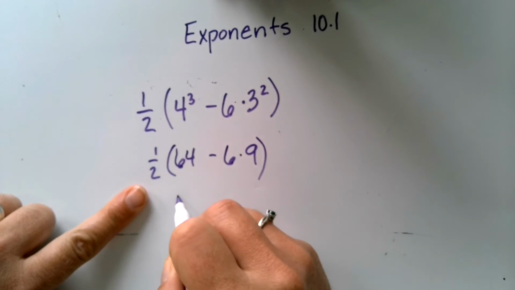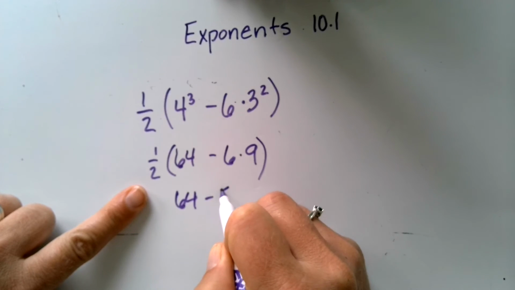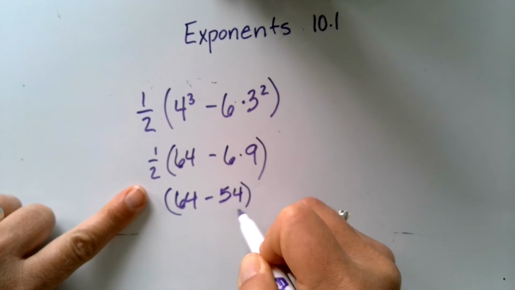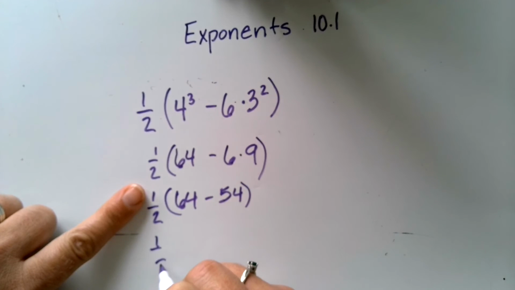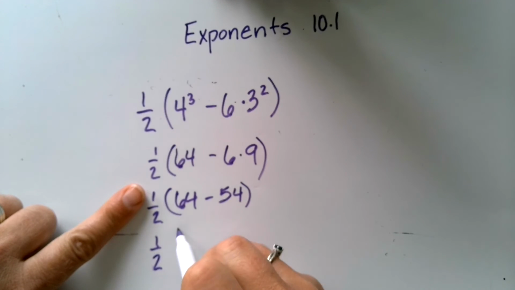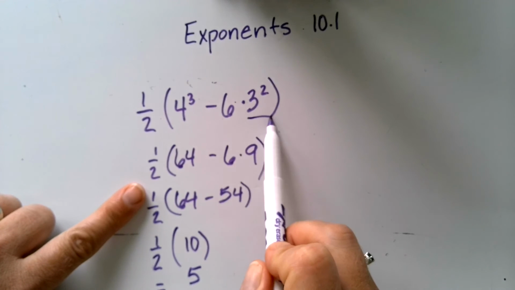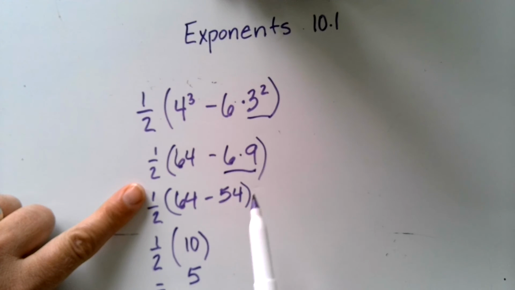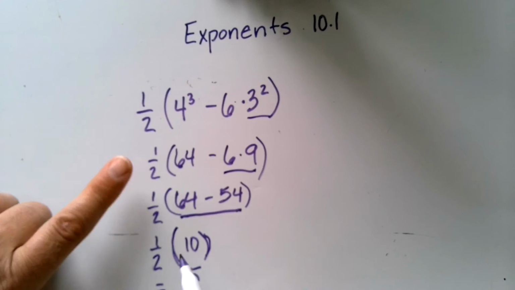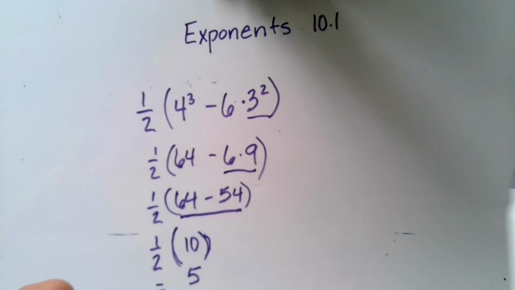So this is going to give us 64 minus 54, and 1/2 of what's in parentheses is going to be 10, and that's going to give us a final answer of 5. So first we dealt with the exponents, then we dealt with multiplication, then we dealt with what's inside parentheses, and finally we dealt with the multiplication out here. So we did parentheses, exponents, multiplication, division, and we were good.